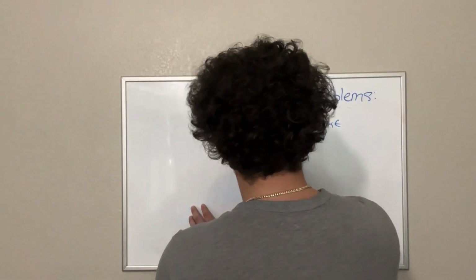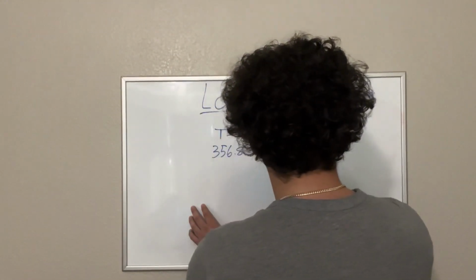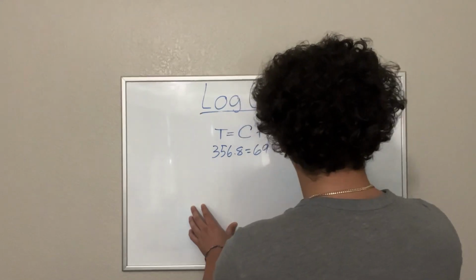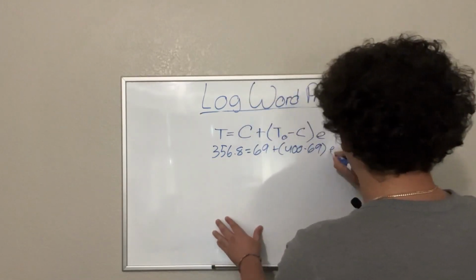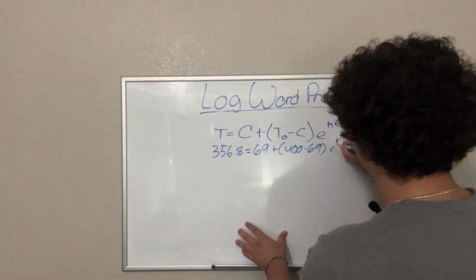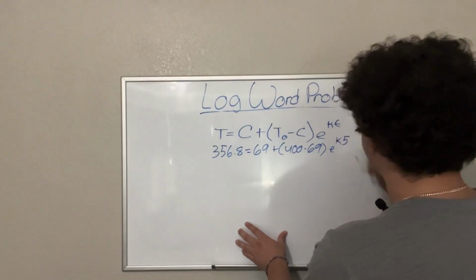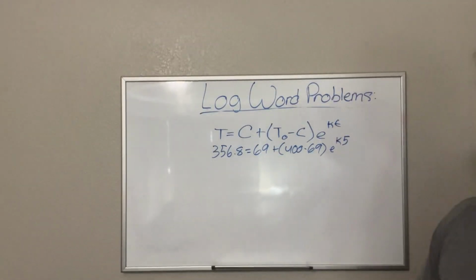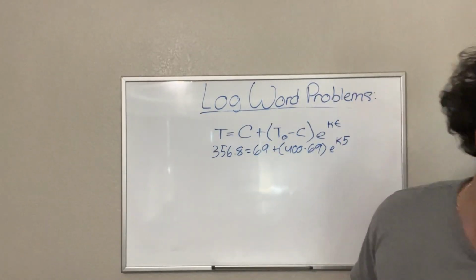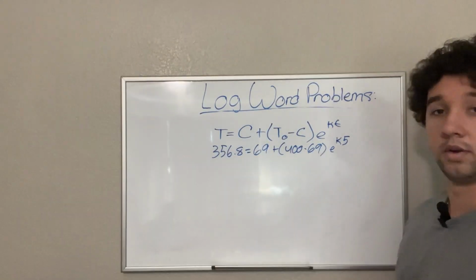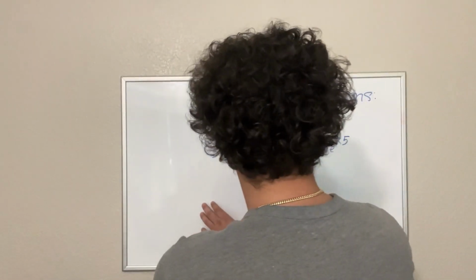So 356.8 is equal to 69 plus 400 minus 69 times e raised to the k times 5 power. All right, so from here now all I'm going to do is just solve. First, I'm going to subtract 69 from both sides.